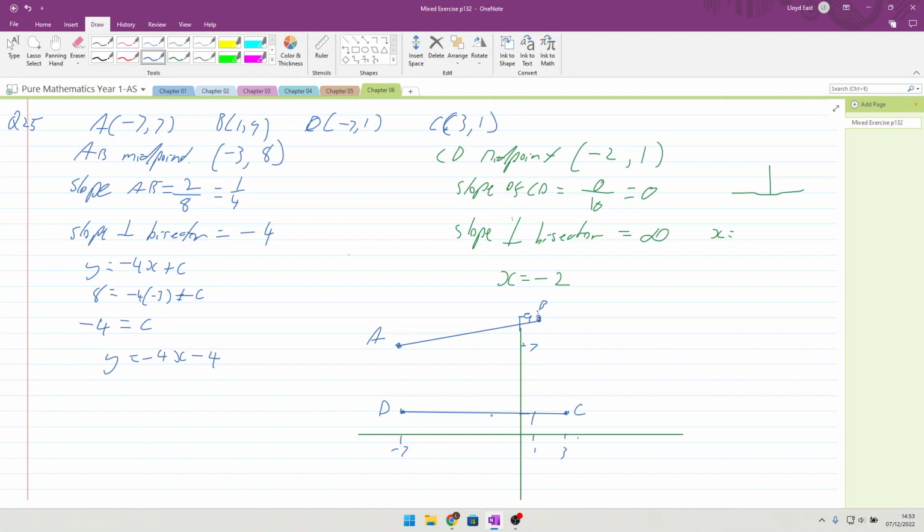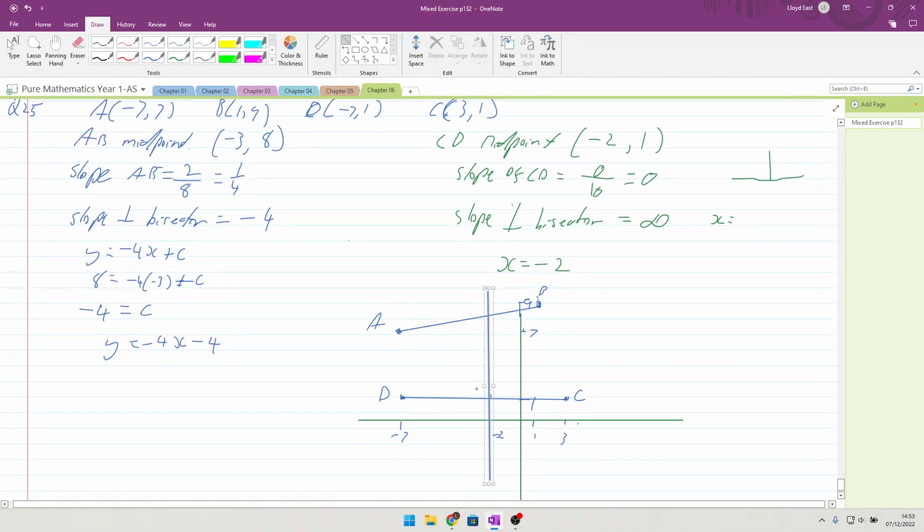And the bisector on this was at minus 2, so we end up with the bisector line of CD there, which is x equals minus 2. And we end up with the bisecting line of AB.